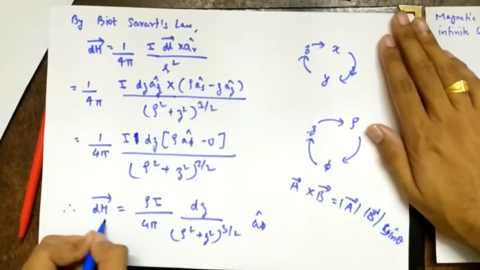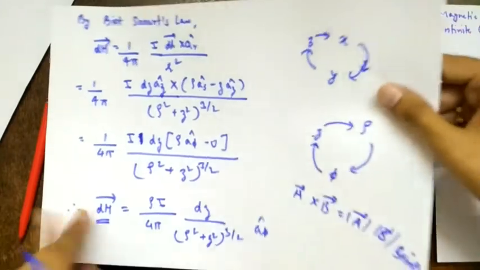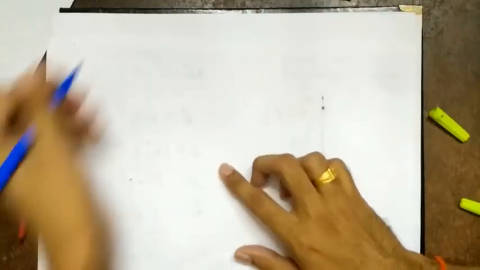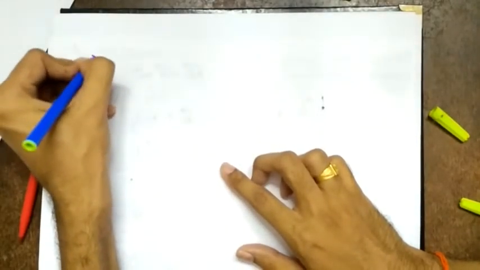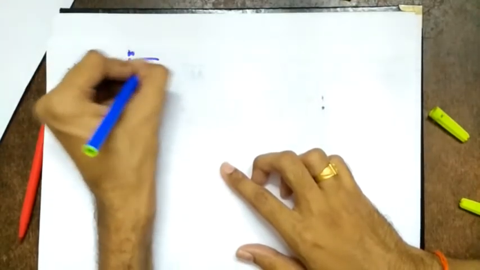Now what we don't require is the field due to the small element; we require it due to the infinite current filament. So we integrate over the entire current filament, from minus infinity to plus infinity, right? Therefore H vector equals integral from minus infinity to infinity of dH vector.